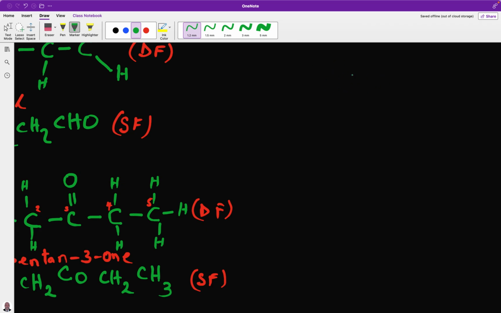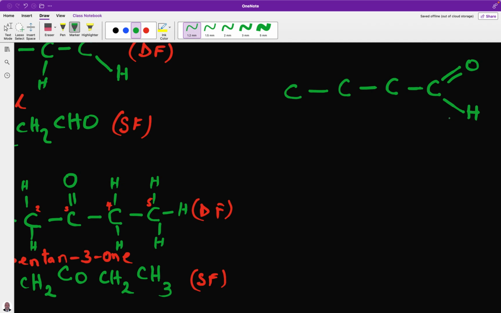So it is 4 carbons, 1, 2, 3, 4. I said in aldehydes, the carbonyl group is always at the end of the carbon chain. It has at least 1 hydrogen.